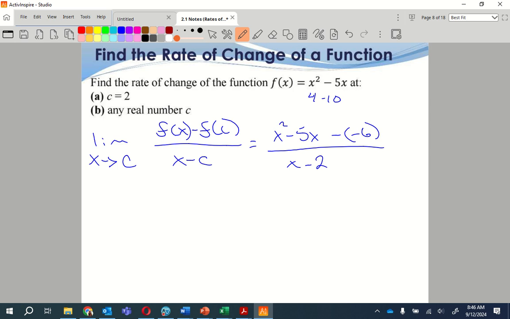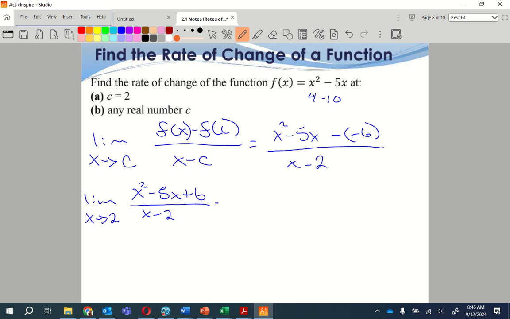So now this is going to turn into x squared minus 5x plus 6 over x minus 2. So from there, I cannot plug in 2 directly, so what can I do up here? Can I factor that? Negative 2, negative 3.